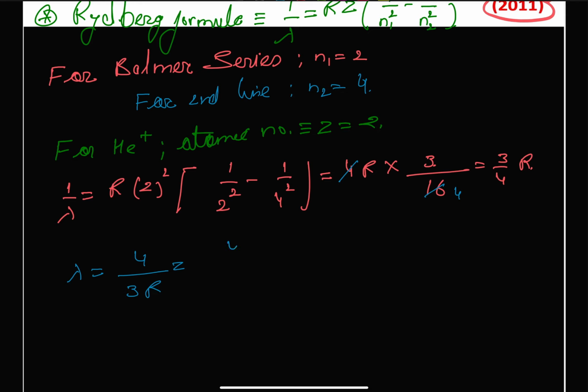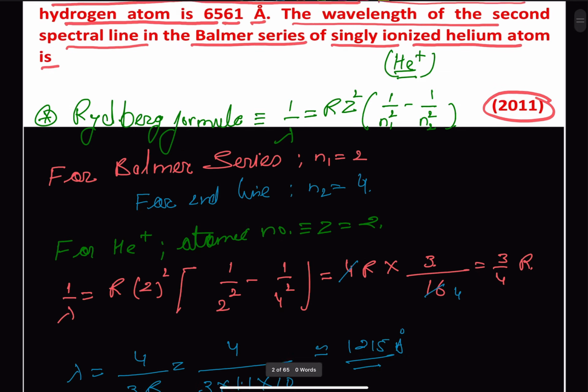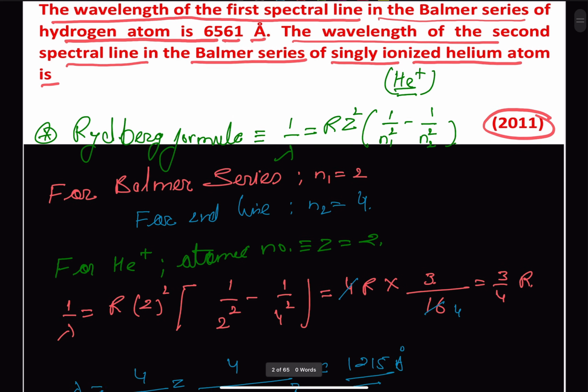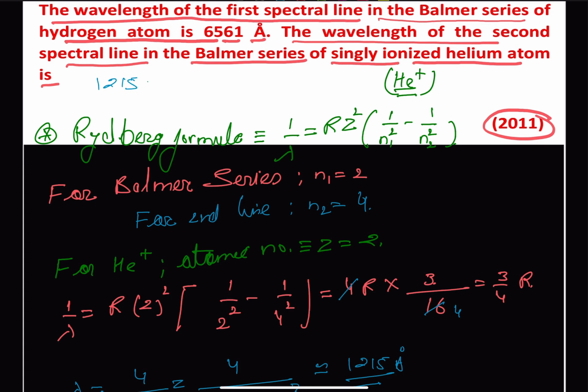We substitute value of R, we get this as 3 into 1.1 into 10 raised to power 7, and this will be approximately equal to 1215 angstrom. So the answer is 1215 angstrom.